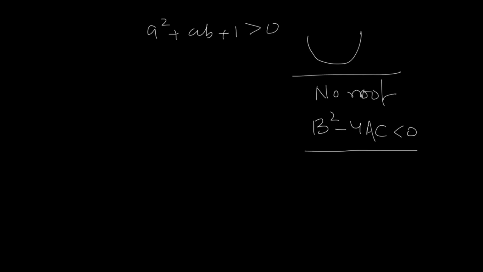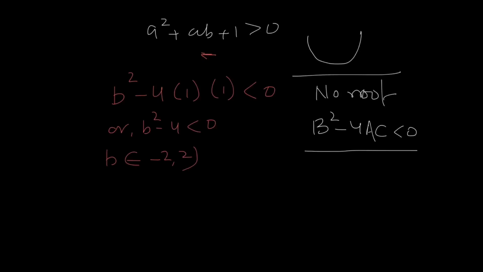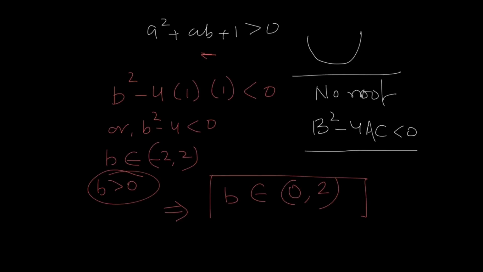Now in this equation, the coefficient of a² is 1 and the constant is also 1. So we can write b² − 4 × 1 is less than 0, or b² − 4 is less than 0, which gives us b belongs to (−2, 2). But since in the question it is given that b should be greater than 0, the set of values of b is from 0 to 2, and that is your answer.